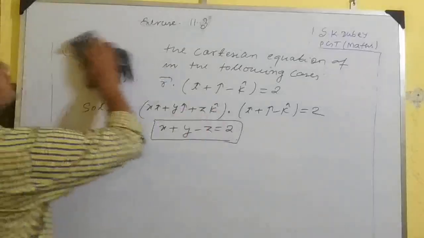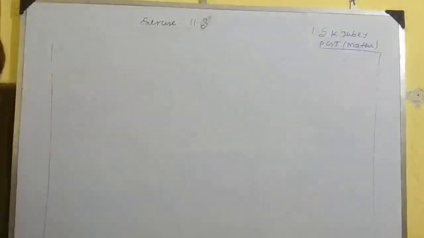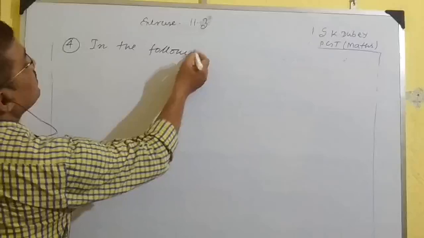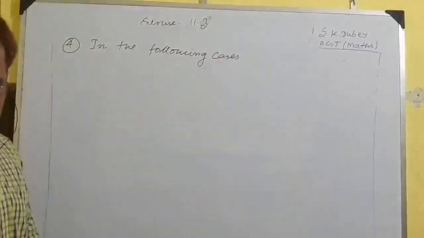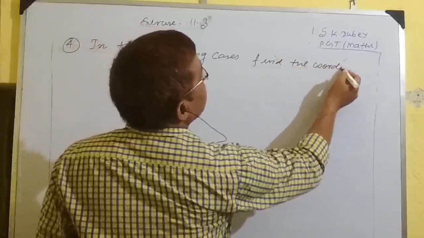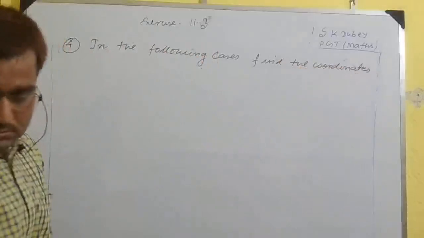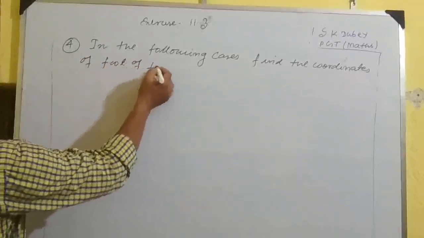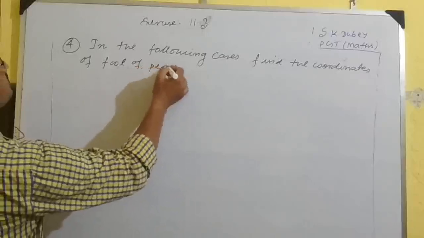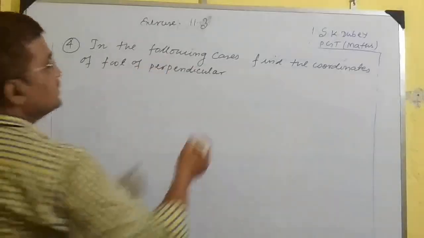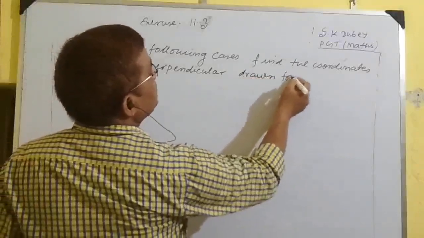Now question 4 is: in the following cases, find the coordinates of the foot of the perpendicular drawn from the origin.